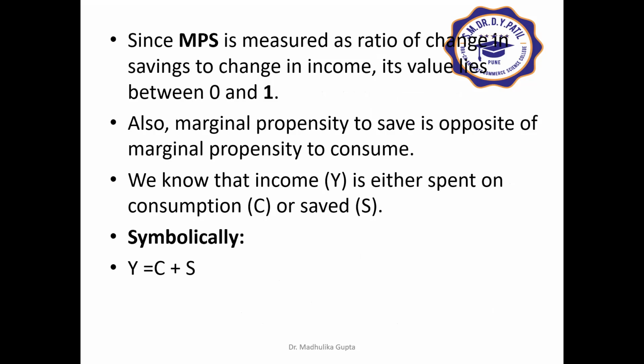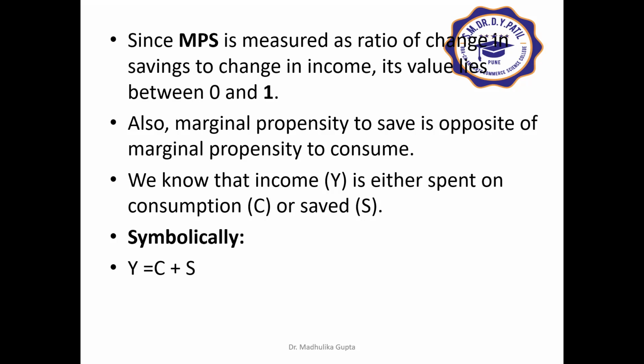So we know that income is either spent on consumption or saved. Symbolically, Y is equal to C plus S. Now, clearly, if one is given, we can find out the other, because the sum of MPS and MPC is equal to 1. That is incremental additional income.